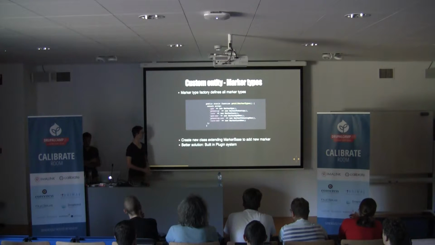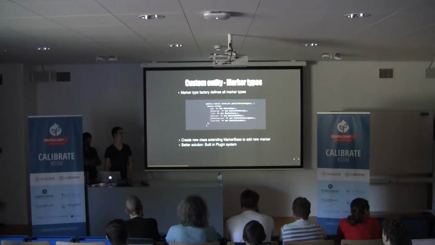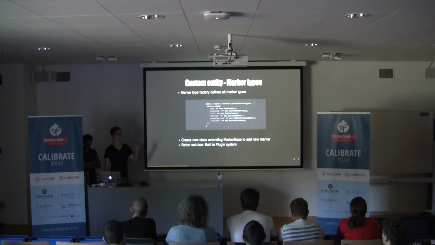It would be better to use the built-in Drupal 8 plugin solution, which makes sure you can make reusable code quite easily. For example, in Drupal 8 core, the field widget is a plugin type, because you have plugin types and then you have plugins. The field widget is a plugin type, and then the different kinds of field widgets that you use are plugins.